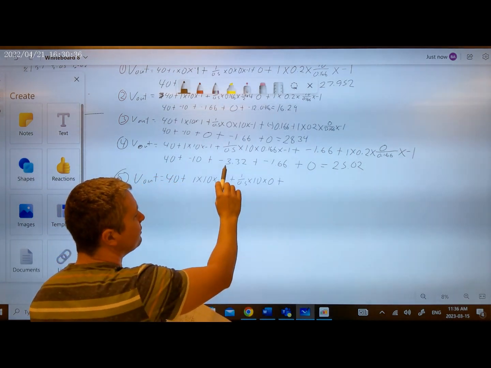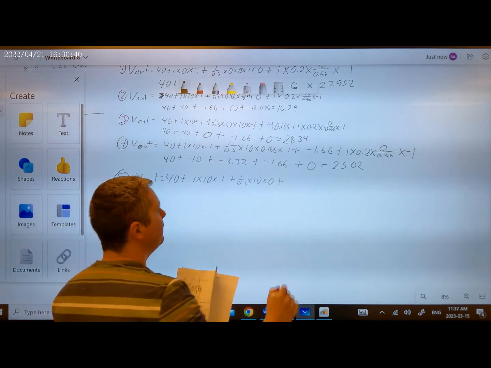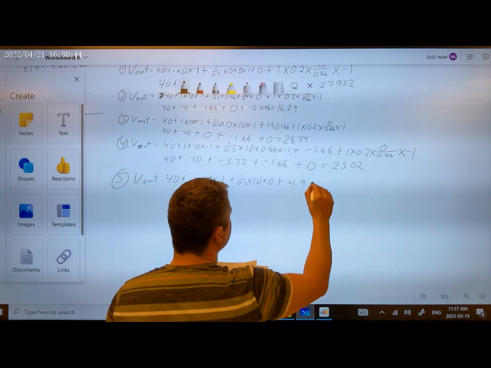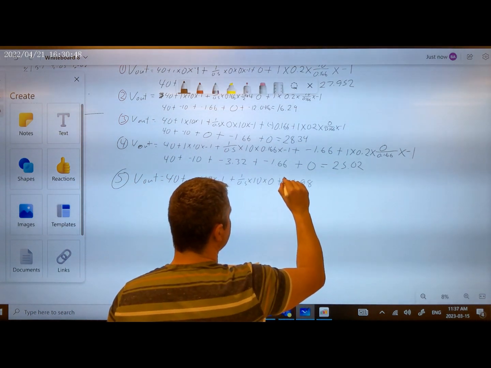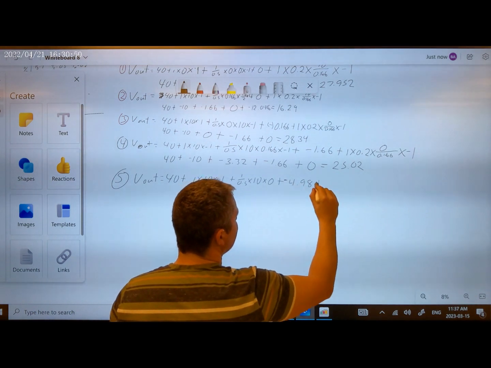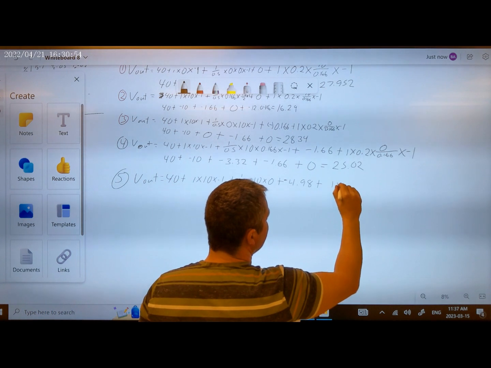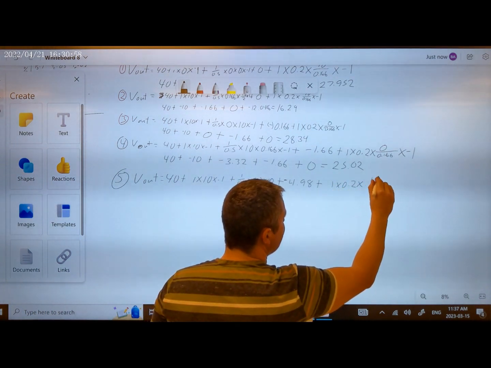So we have to go 3.32 plus the 1.66, which gives us 4.98 negative, 4.98, plus our derivative, which is 1 times 0.2 times 10.